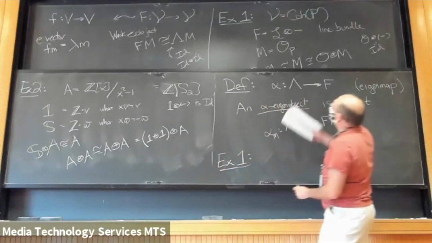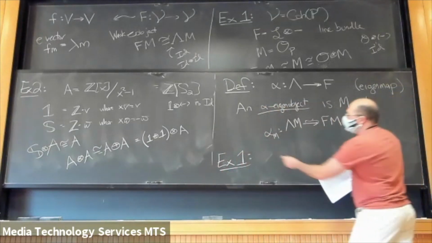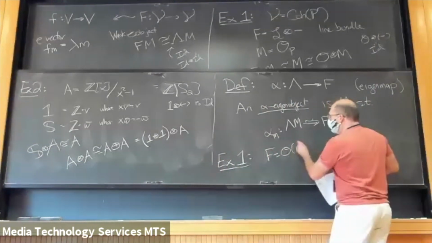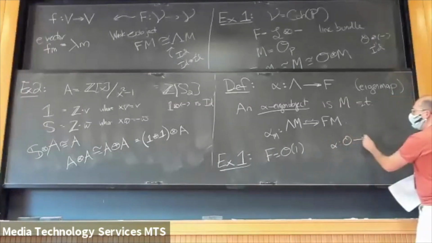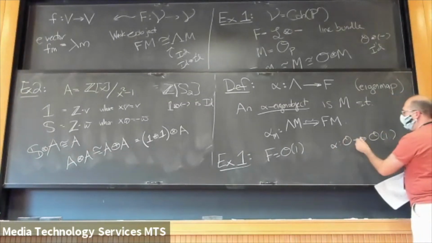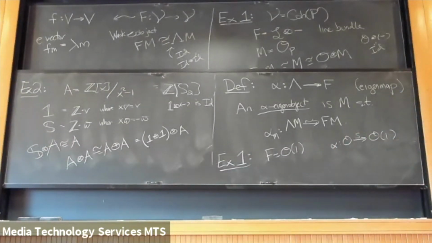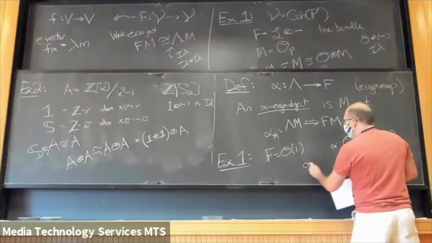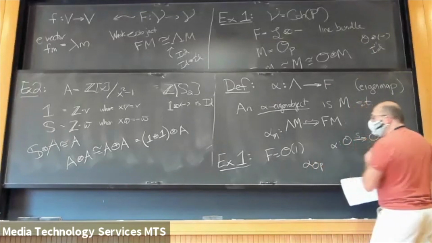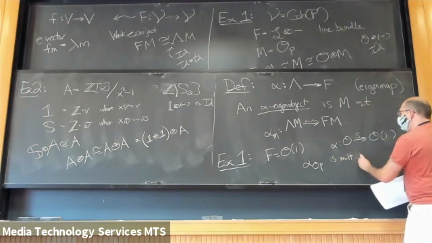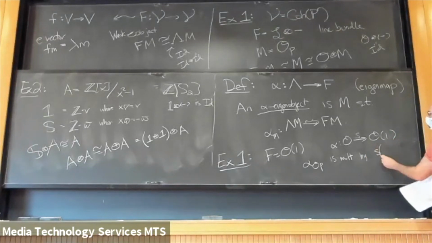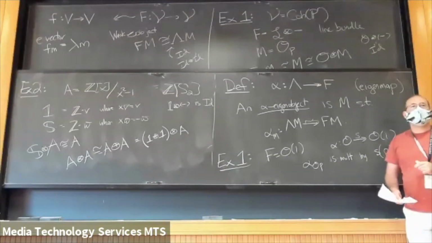So back to example 1. Suppose that F is tensoring with O(1). A map alpha from O to O(1) is a section. It's some sort of linear function on P^n. And if I look at what happens when I apply alpha to O_P, that's really multiplication by the number I get when I take this function on projective space and evaluate it at the point.